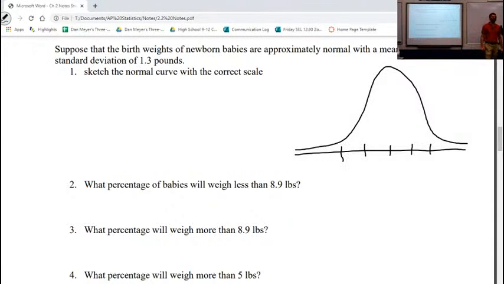Usually what you're going to do is label the mean, and you're going to label 2 standard deviations above, 2 standard deviations below. That's usually going to be your scale for the normal distribution.